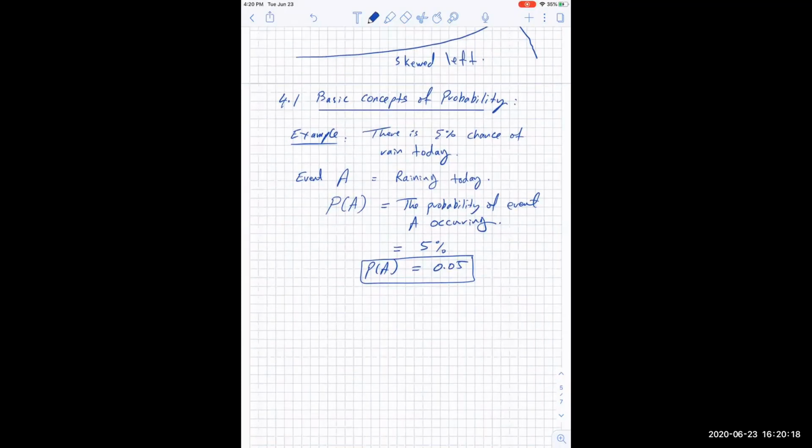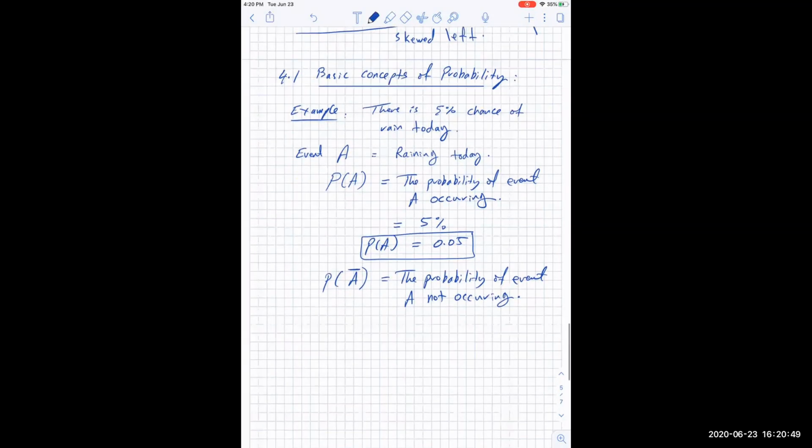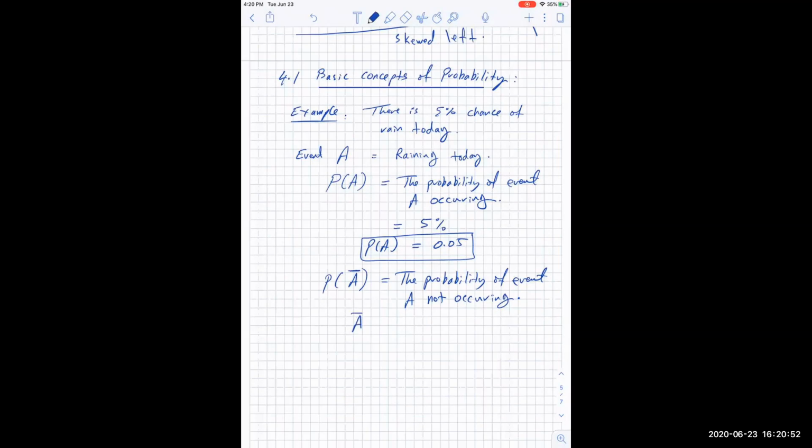Now, if I put a line on top of the name of the event, A bar, this means the probability of event A not occurring, not happening. So in our example, A bar means no rain today.